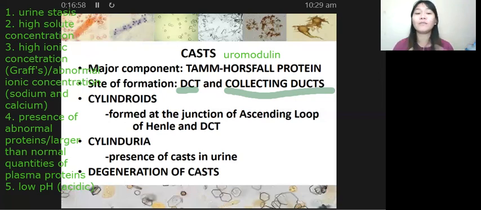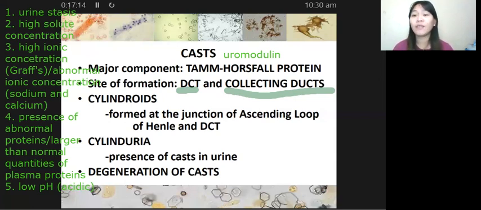Okay? So apart from that, when it comes naman to the acceptability of your urine sample, dito natin i-make sure dapat that our urine sample is fresh. Okay, why?